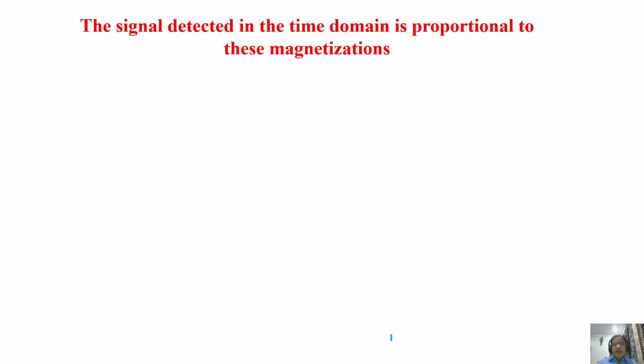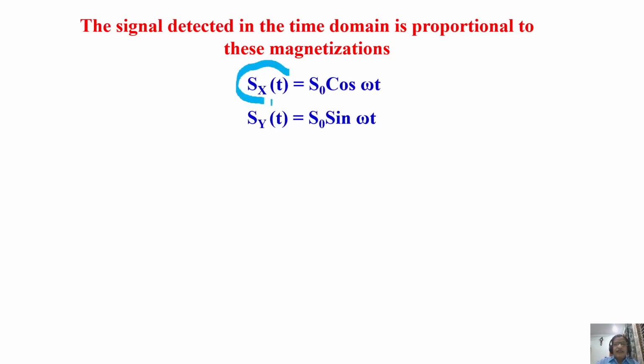Now, the signal that is detected in the time domain is proportional to this magnetization. What is the amount of magnetization present along the x-axis or the y-axis? That is what the signal is going to detect. This we saw earlier also. Let us say Sx is the signal along the x-axis.